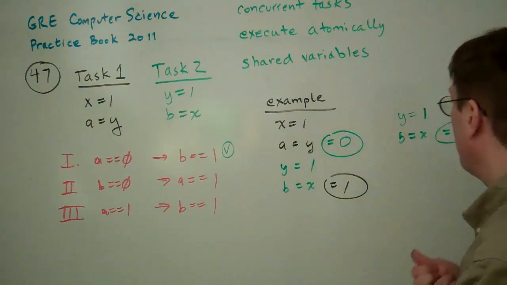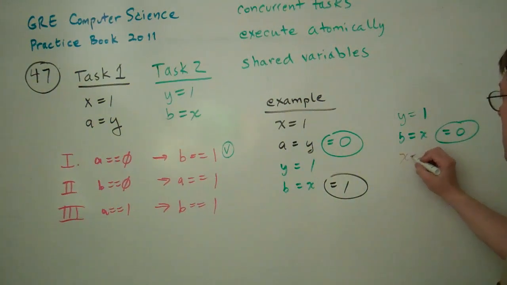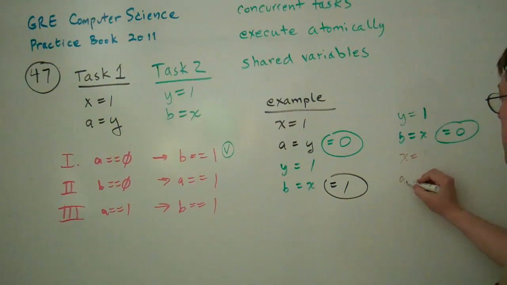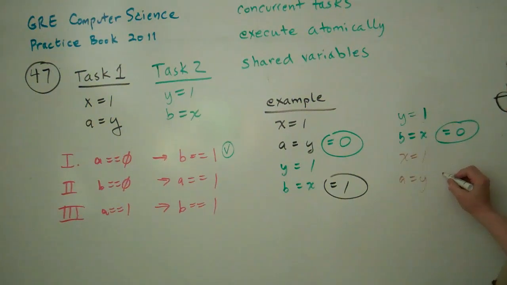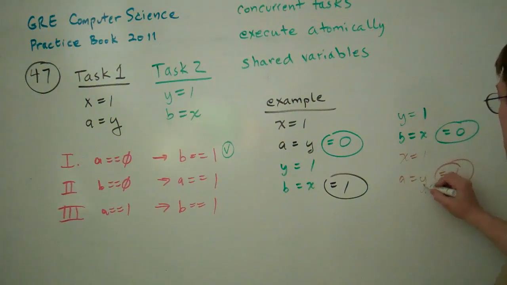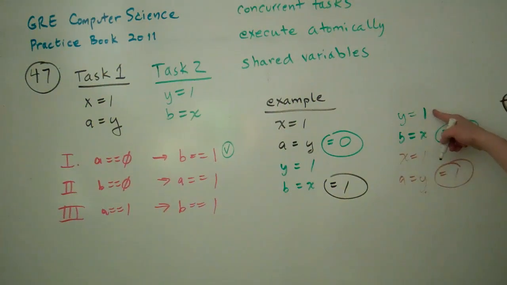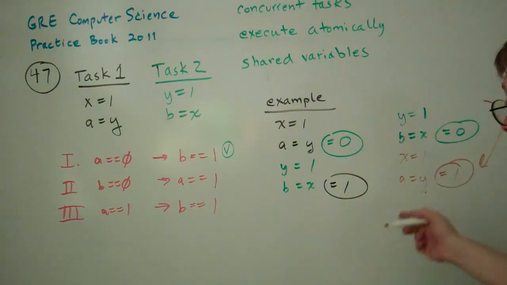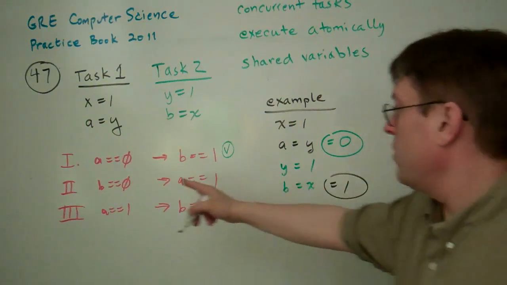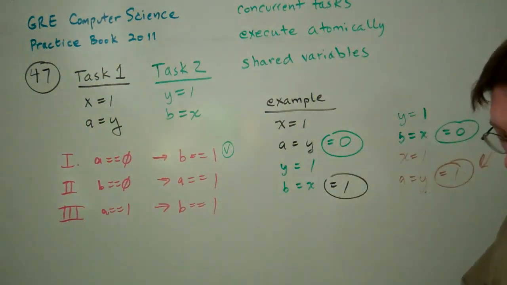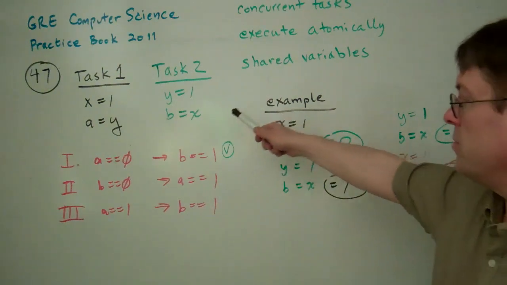And then we have x equals 1 and then a equals y, which would have to equal 1 because y is 1 here, you can see. So there's no question that if b equals 0, then a has to equal 1.